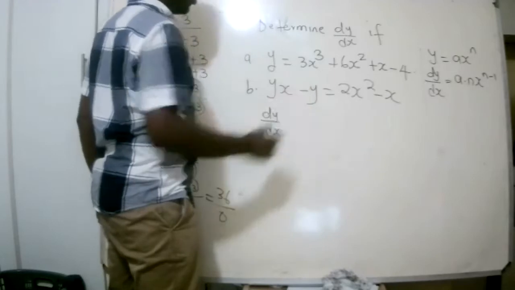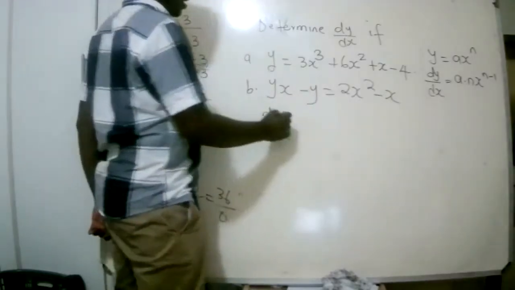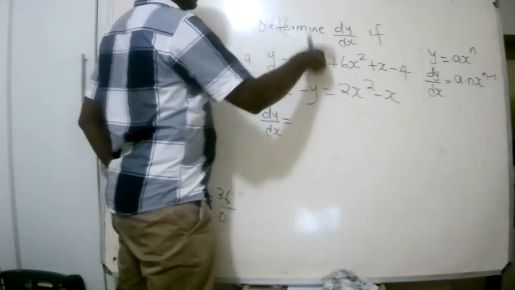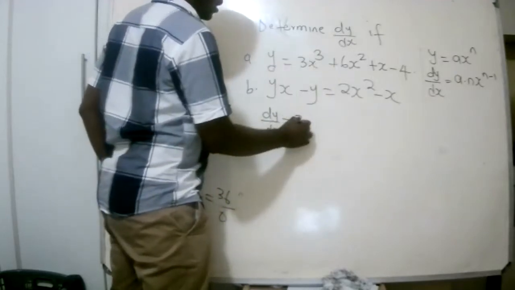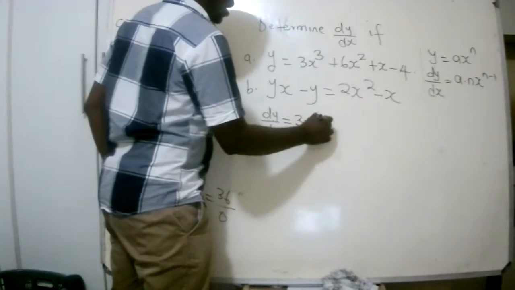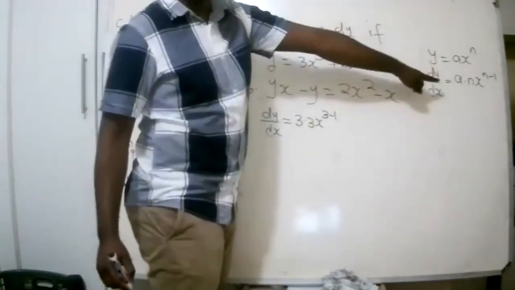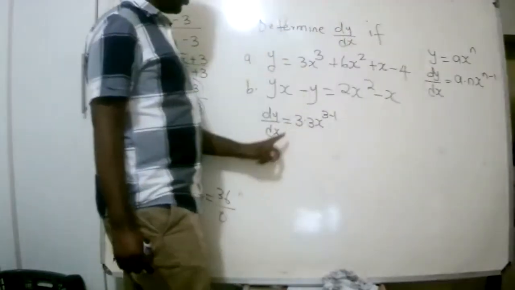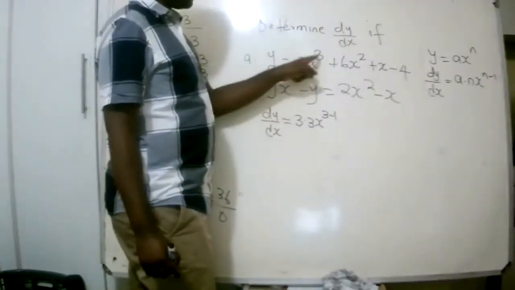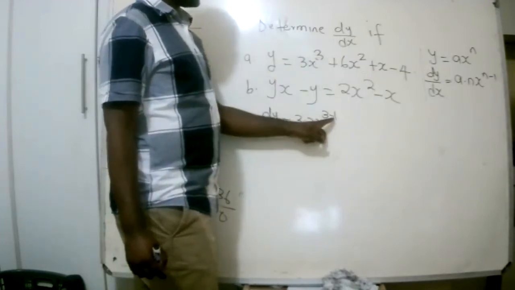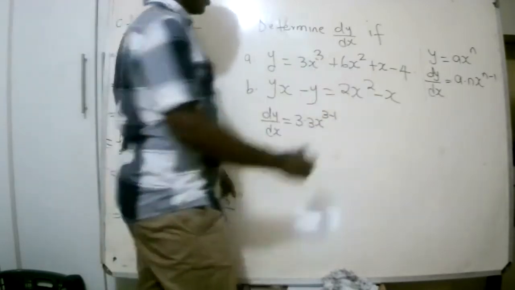This is just to show we have started to derivate, which is equal to, then here, when we derivate the first term, it's going to give us 3 multiplied by 3, x to the power of 3 minus 1. We applied that rule on that expression. So we do the same on the second term.